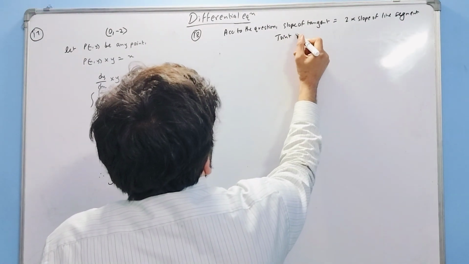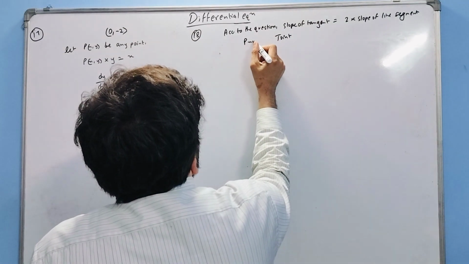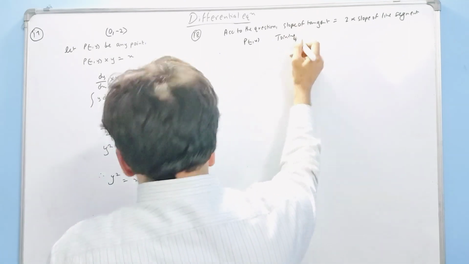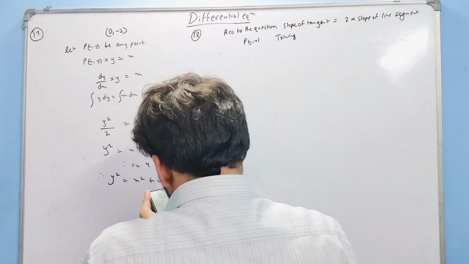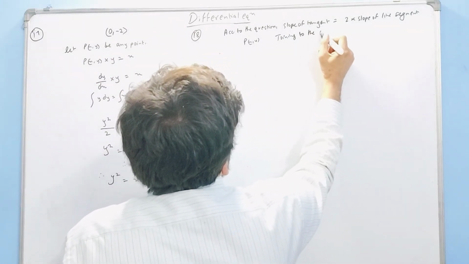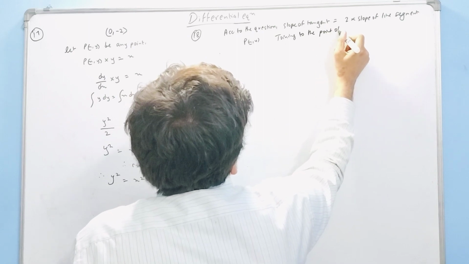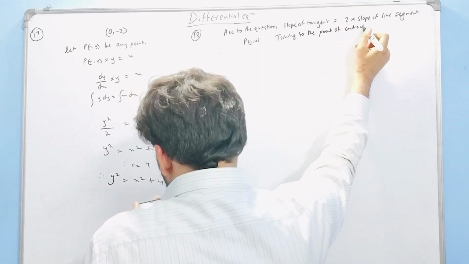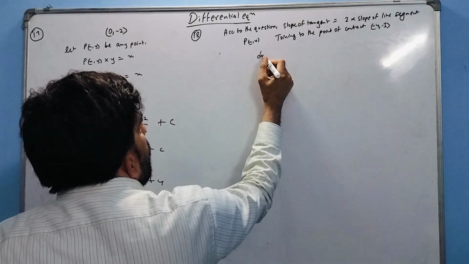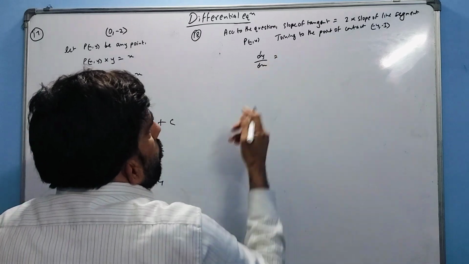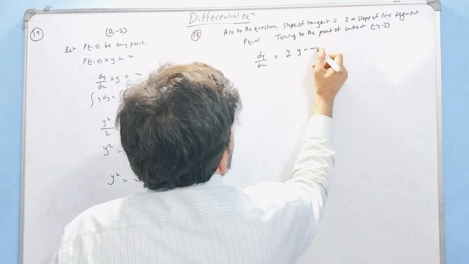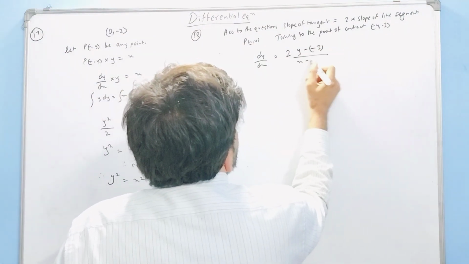The slope of line segment PXY joining the point of contact to the point, that is point minus 4, minus 3. So we can say dy upon dx is equal to 2 into y minus minus 3 upon x minus minus 4.